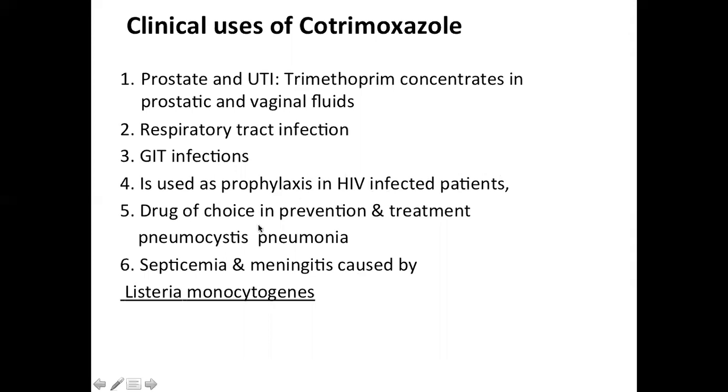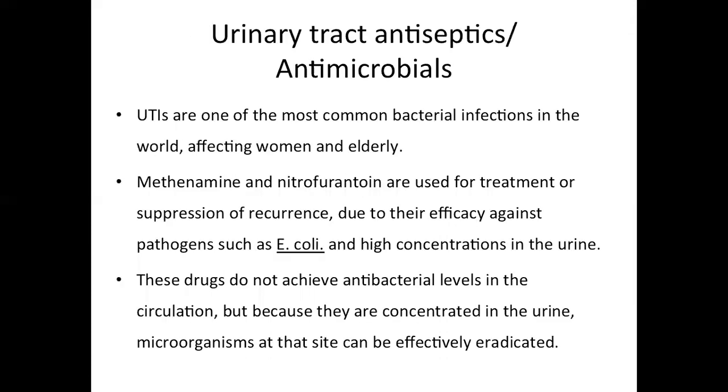And it's the drug of choice in prevention and treatment of pneumocystic pneumonia. And also in septicemia and meningitis caused by Listeria monocytogenes. So these are the clinical uses of this antimicrobial drug.